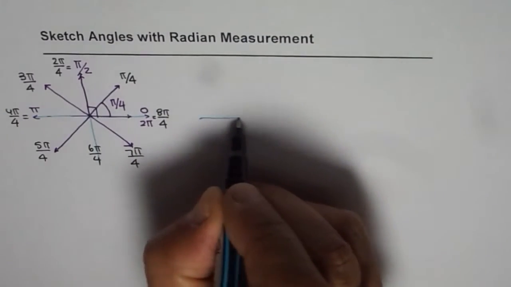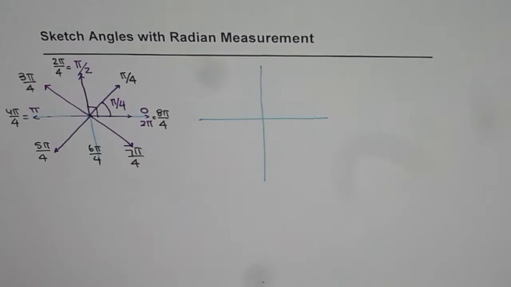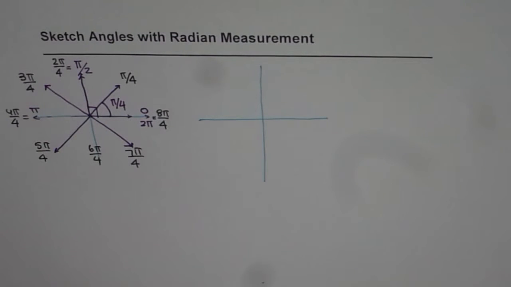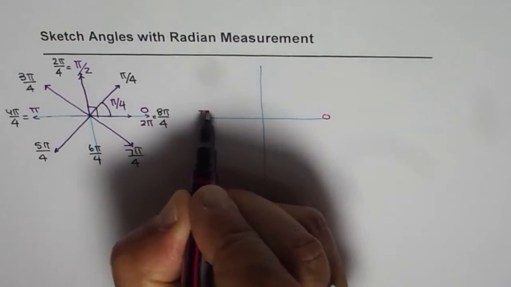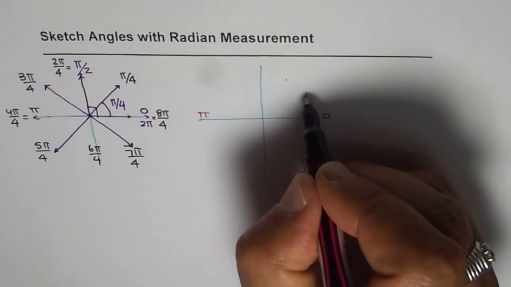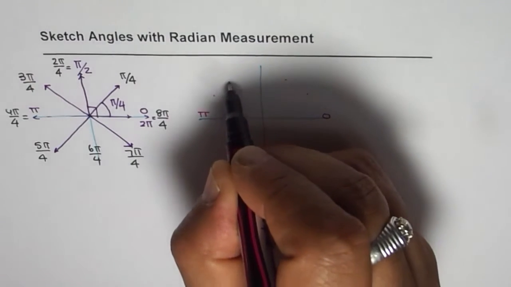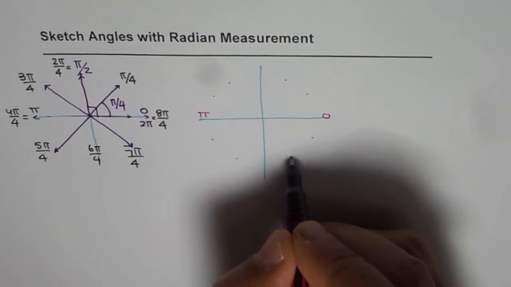So we did a set of angles related to pi by 4. Now let us apply the same strategy and sketch some angles which are multiples of pi by 6. Okay, let's take pi by 6. When I say pi by 6, I mean that this pi, which is from 0 to pi, is divided into 6 equal parts. That means 3 on each quadrant, right? So 3 here also. So that becomes a total of 12, correct?